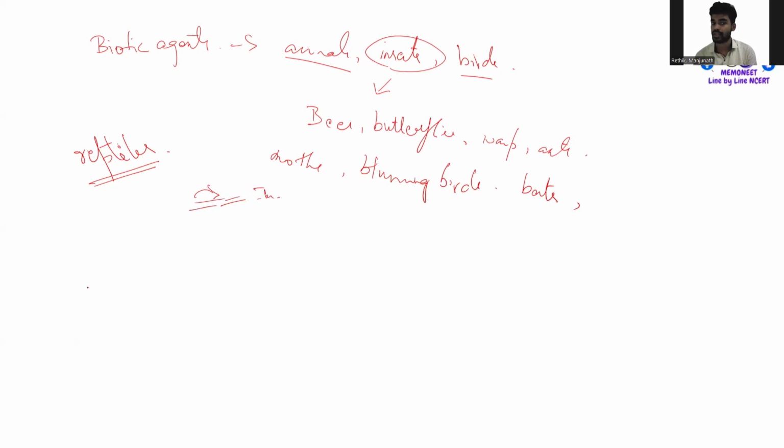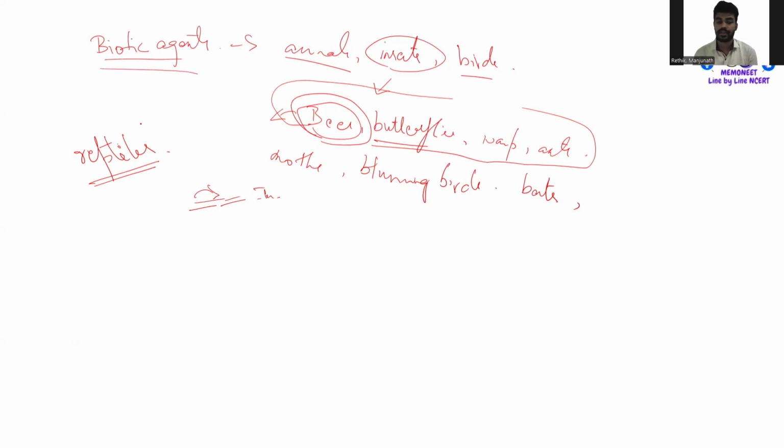Another thing is that bees get the nectar from the flower, and in the process they help in pollination. That is, they transfer the pollen grains from the anther of one plant to the stigma of another plant. So bees, butterflies, wasps, ants and all do it this way. This is how biotic agents of pollination normally work.